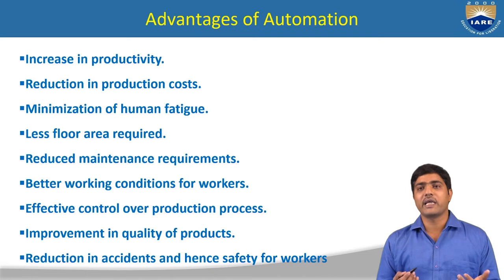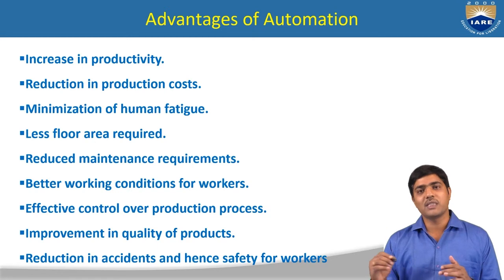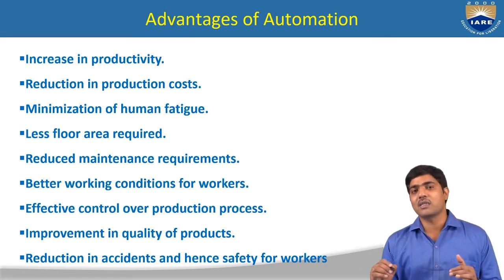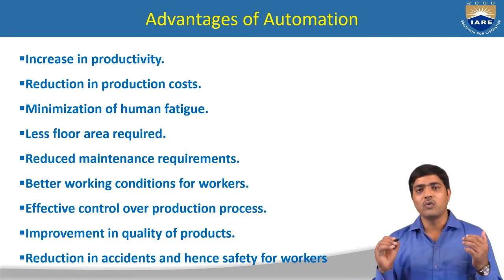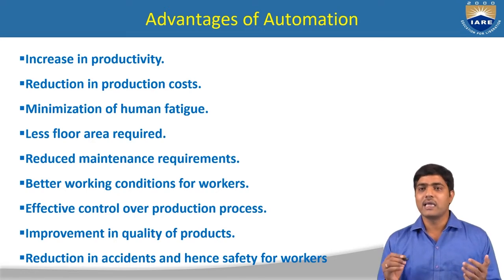And reduced maintenance requirements, that is also one advantage. And better working conditions for workers. Here the major role of workers in the automated process is just to inspect the process and inspect the machines, whether all the machines are running in sequence or not, and they are not going to do anything within that machinery other than inspecting.